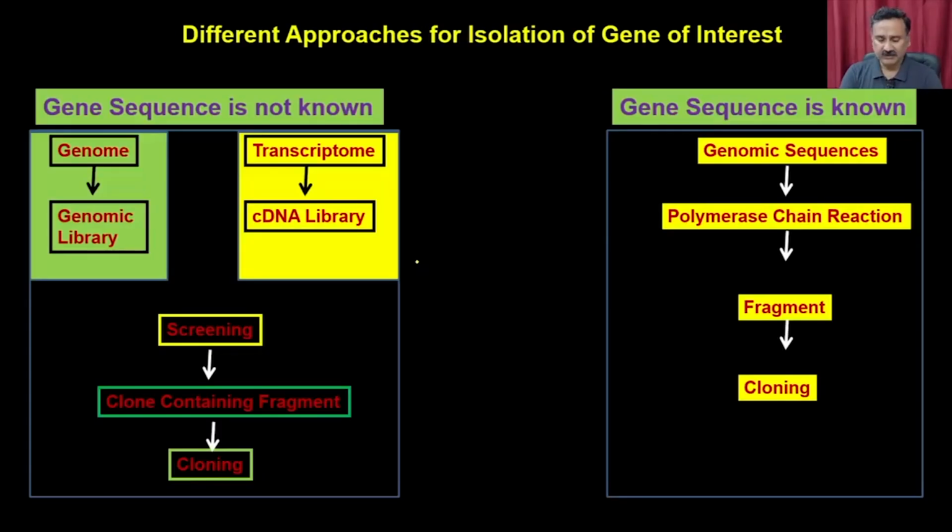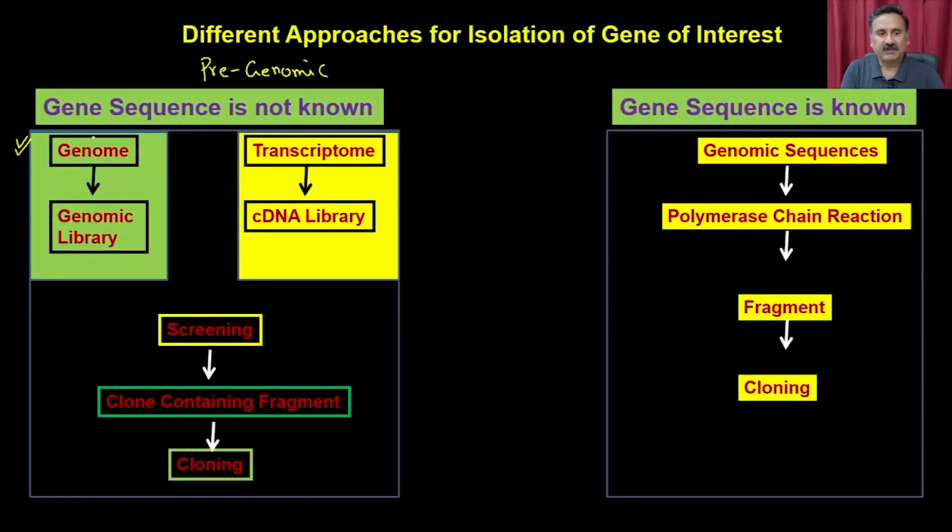We discussed the approach for the condition when the gene sequence is not known, that is, the pre-genomic era, when people only knew the properties of the enzyme but were not sure about the gene sequence. In that case, you will either have information about the genome of that organism, or you will have the expression of that particular gene.